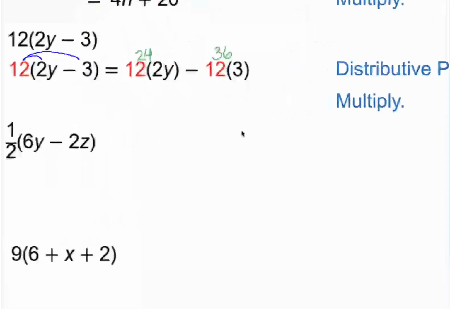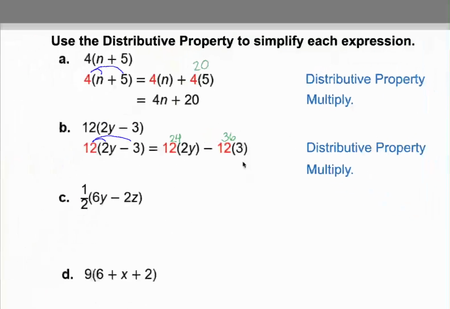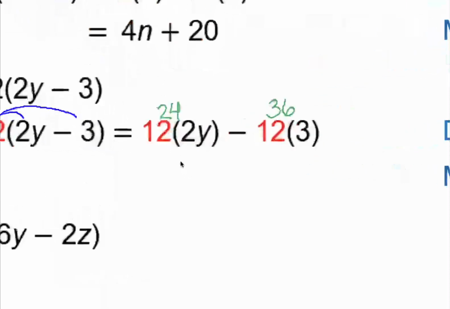And 12 times 3 equals 36. So, what is the expression now? 24 times y means 24y. And the second term is 36.